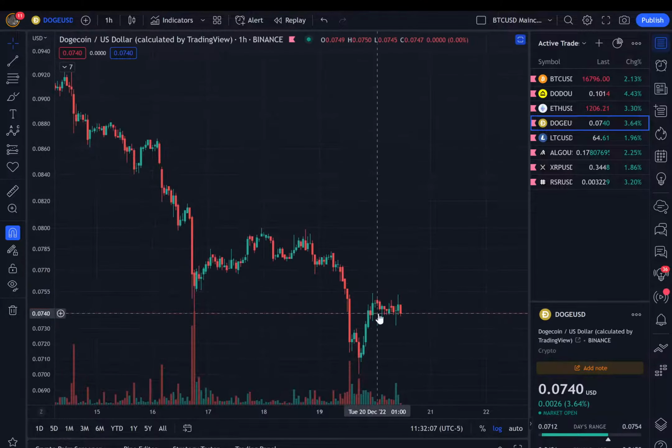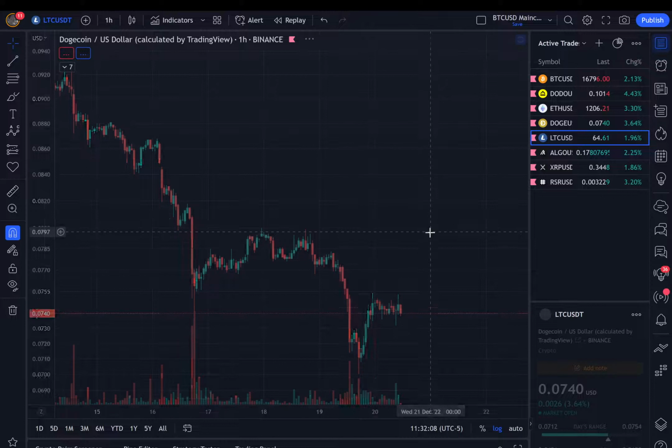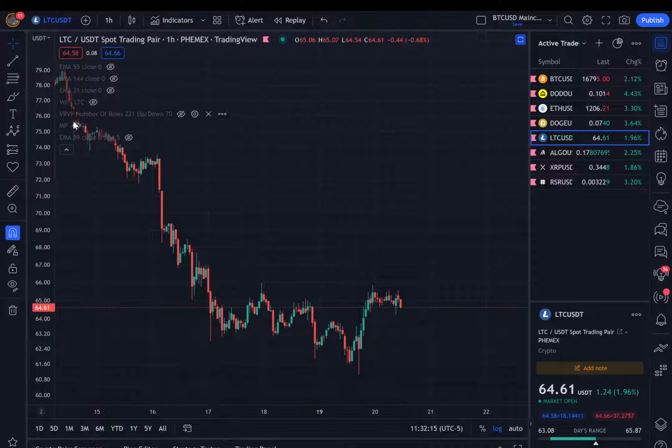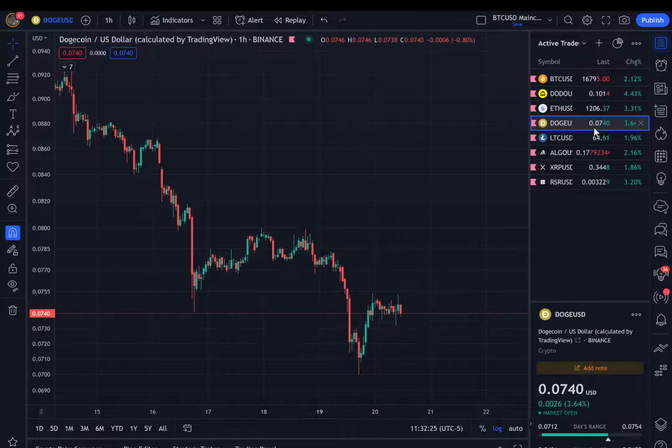You want to see volume coming in on green volume, which is important, okay? Okay. So where were we? We were doing Ethereum. Or no, we were doing Dogecoin, weren't we? Okay. Now Litecoin.